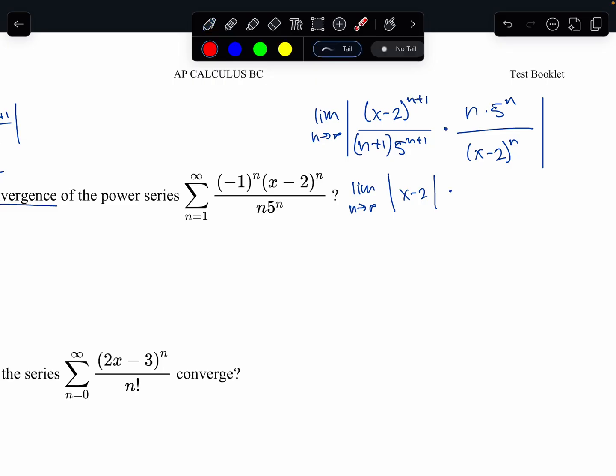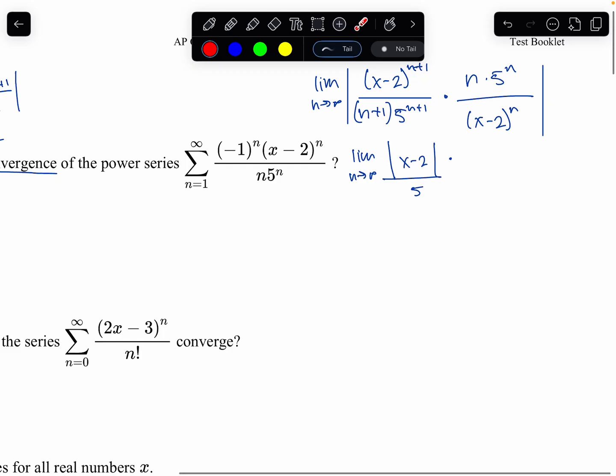The next thing that I can group up and simplify would be the base 5. I have 5 to the n plus 1 in the denominator and 5 to the n in the numerator. When that simplifies, it's the same thing, except that it's n plus 1 in the denominator rather than n, while for x minus 2 it's the other way around. That just means we're going to end up with 5 in the denominator, so I'm going to put this part over 5.